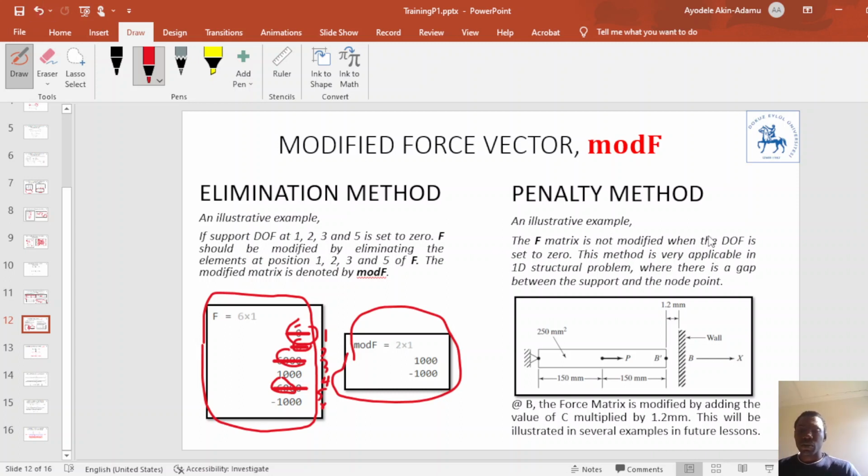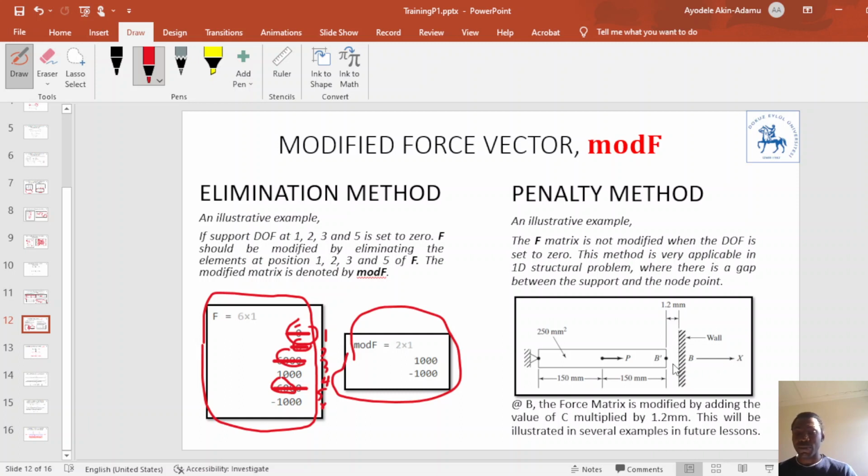In the second method, the penalty method, the force vector is not modified when the support degree of freedom is set to 0. At the support degree of freedom, we don't eliminate or modify the force vector. The force vector is only modified where we have a contact problem.